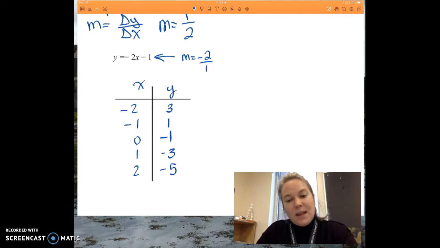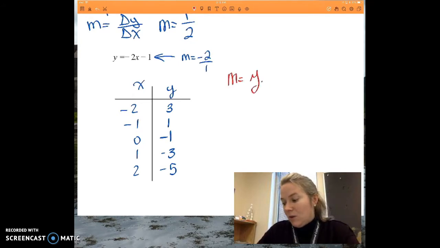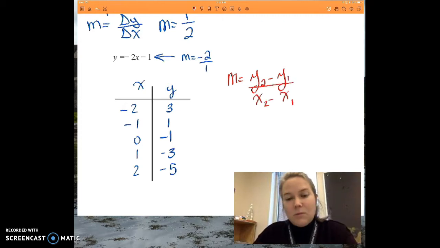Now, I'm going to give you an equation for slope that always, always, always works. You should memorize this. I'm even going to write it in red. It's really important. m equals y2 minus y1 over x2 minus x1.